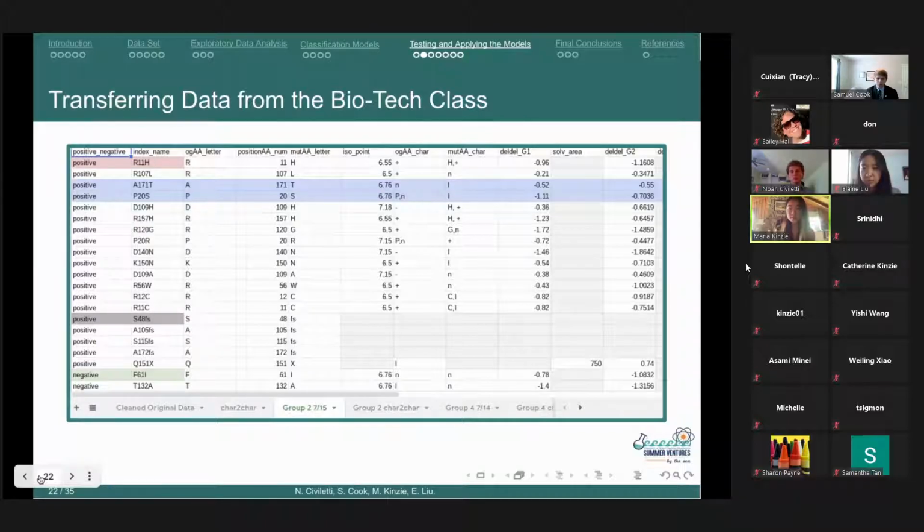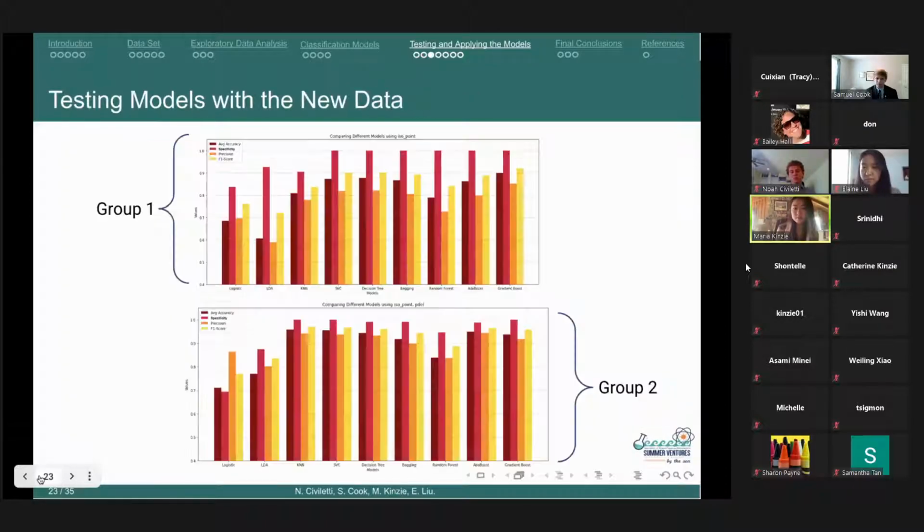Another great opportunity we got in this class was getting to collaborate with the biotechnology class, who gave us some data that we got to add to ours to give a bit better variety, and so we could also have a more accurate testing model.